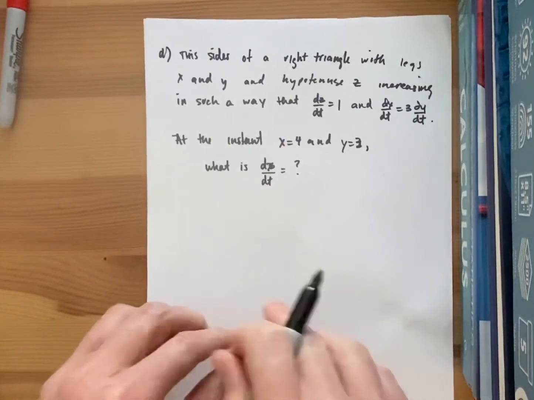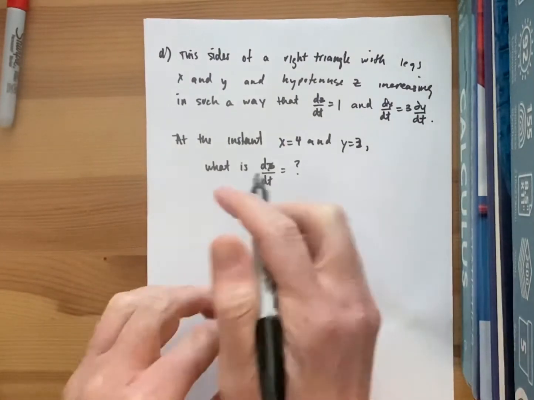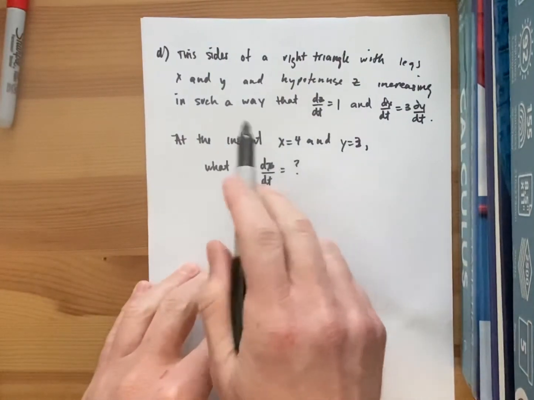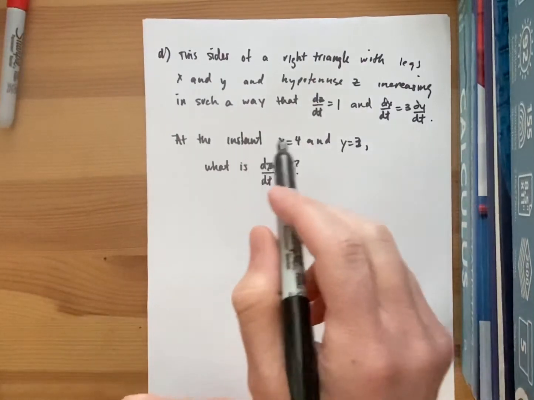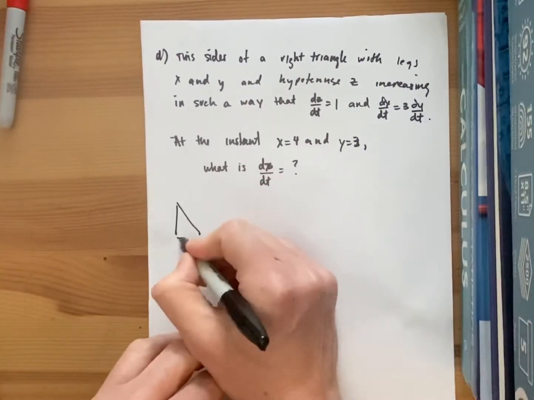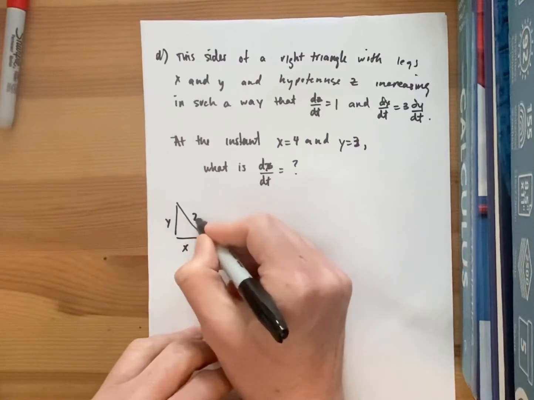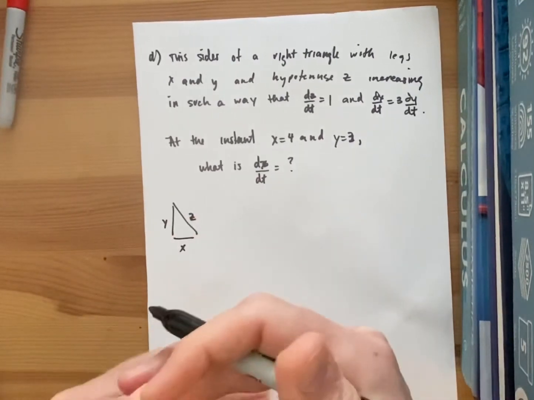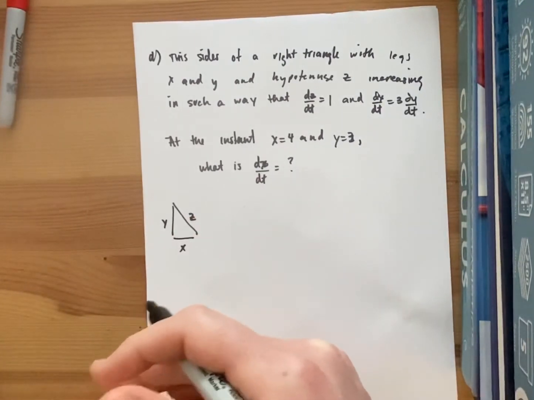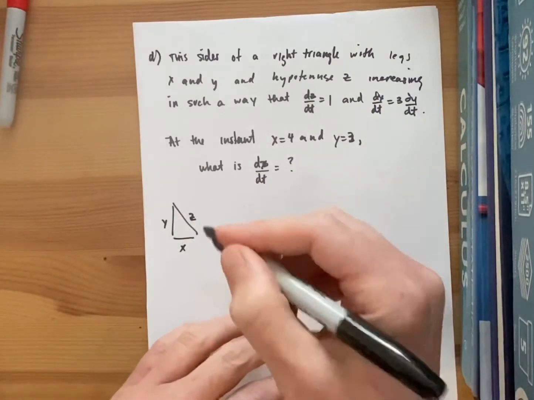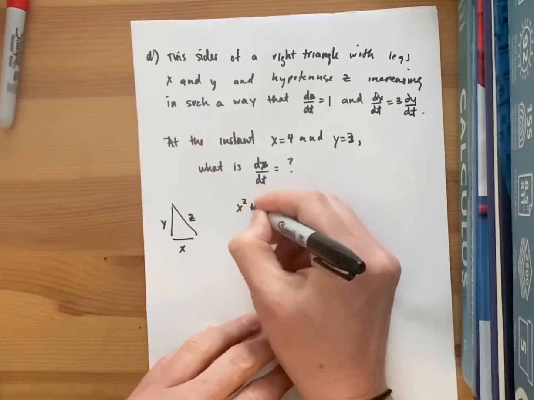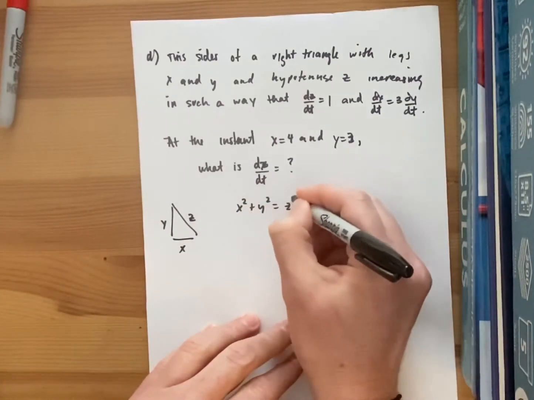And the last. Okay, so they're giving you a right triangle. All of it is changing, so when all the sides are changing, you know you're going to use x squared plus y squared equals z squared.